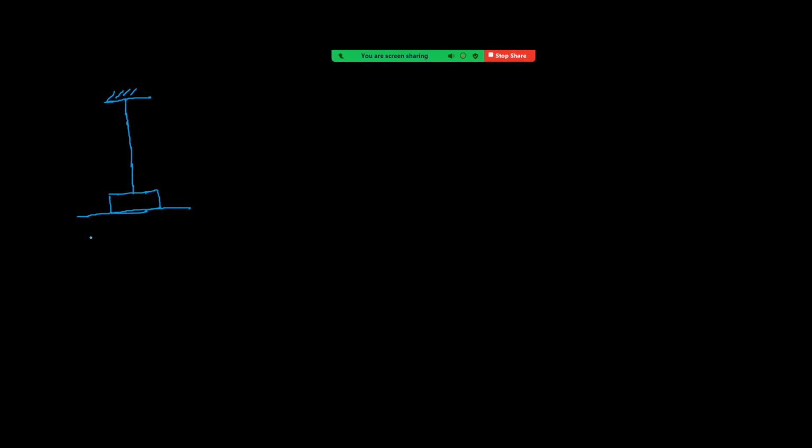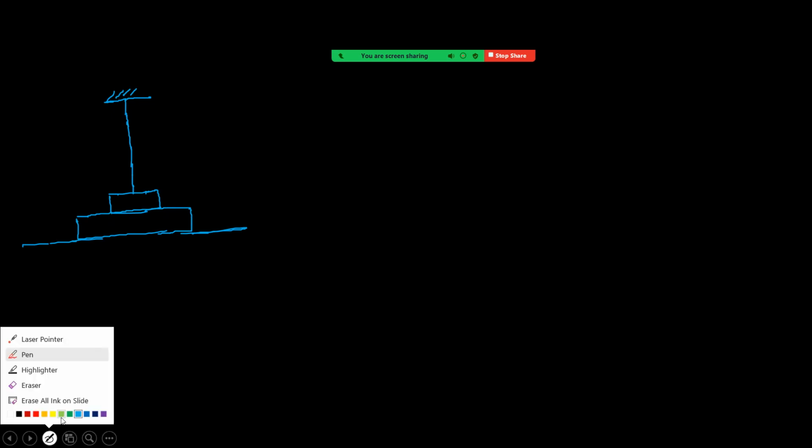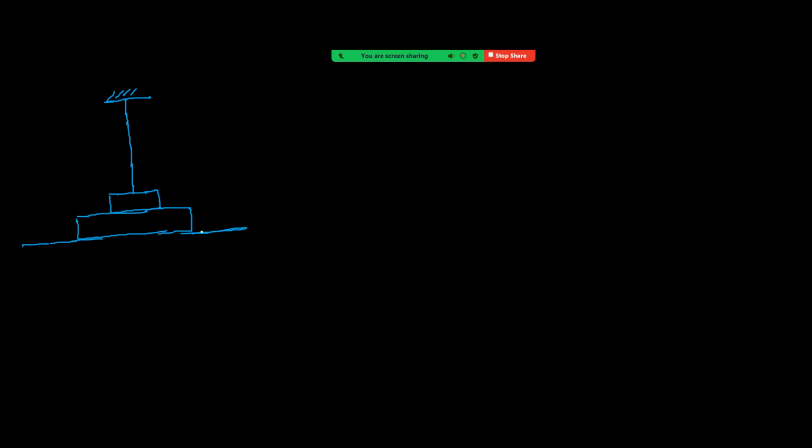And this is now the plank. And this is now the horizontal plane. So we are moving the plank by applying some force. It's a condition given that the system is moving slowly.